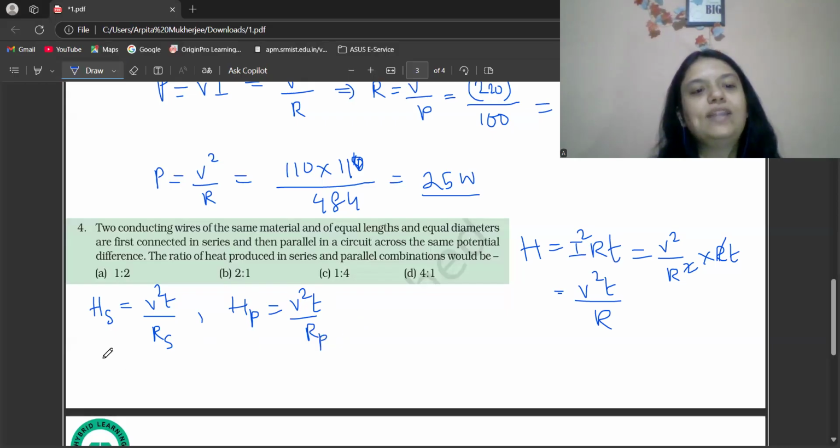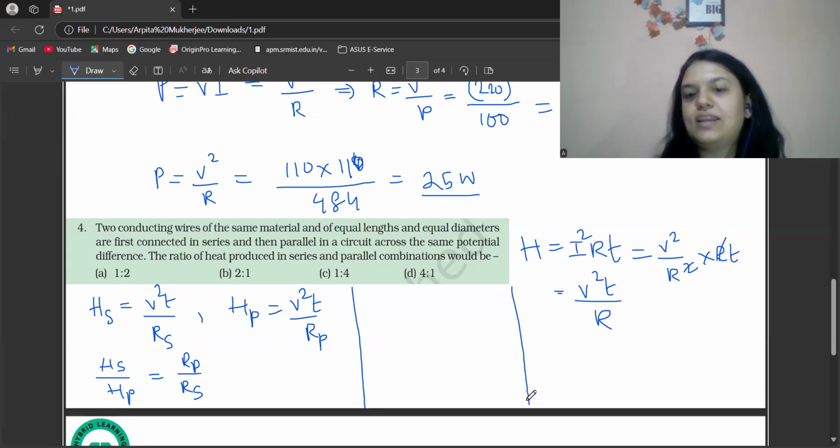Great. Now let's do HS by HP because that is what we are trying to find out. If I write the ratio, this V square T will get cancelled. So it will be RP by RS. Now we don't know what is RP and RS, so let's find out. RS, since both are same, is R plus R, that is 2R.